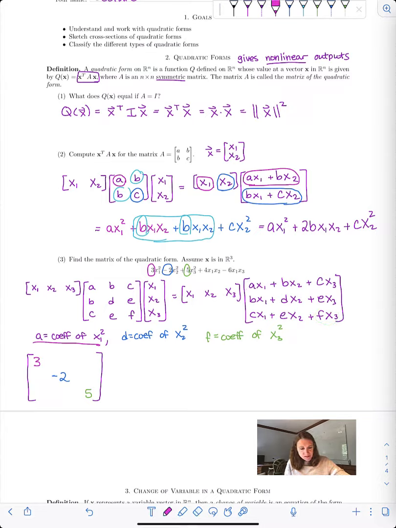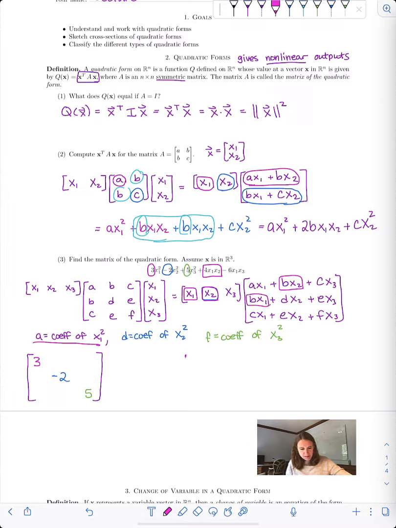Okay, so our mixed terms, like for instance, for x1, x2, well, we're going to get an x1, x2 in our first row from the bx2 times the x1, and then also from our second row, when we multiply the x2 by bx1.